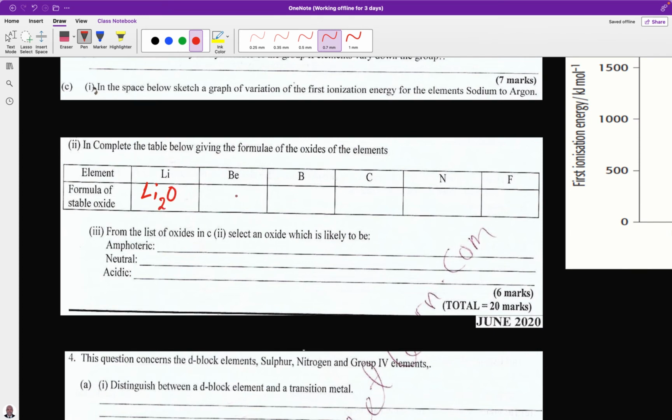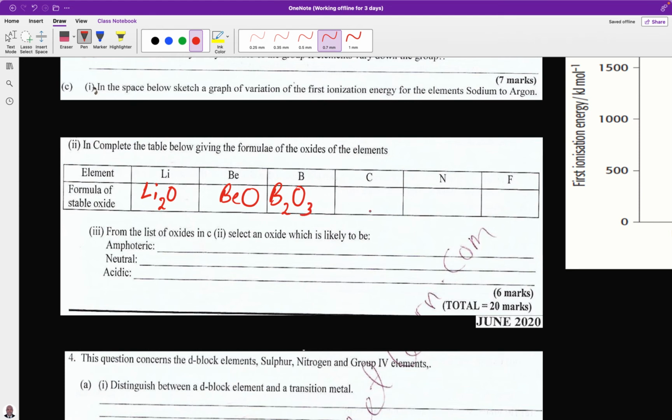For beryllium, we will have something like BeO. For boron, we will have something like B2O3, boron with oxygen.